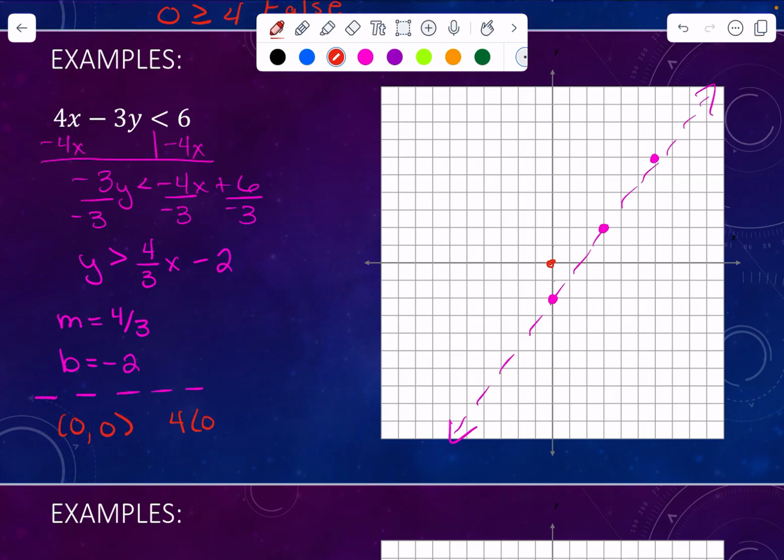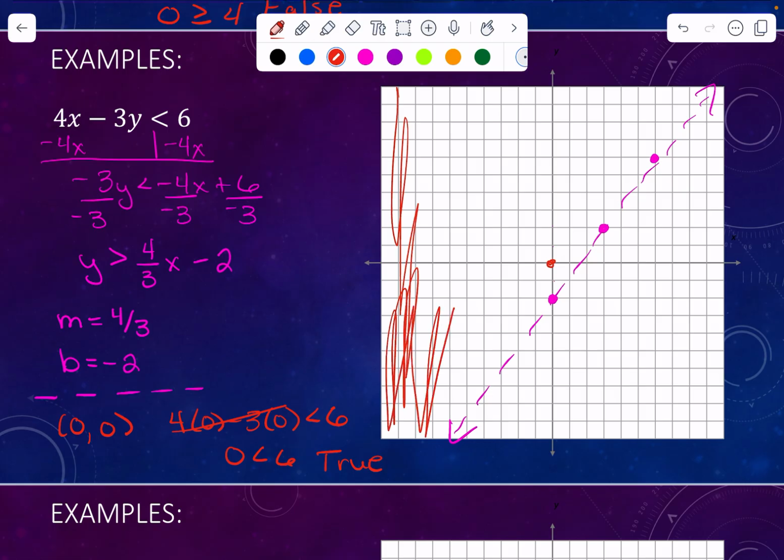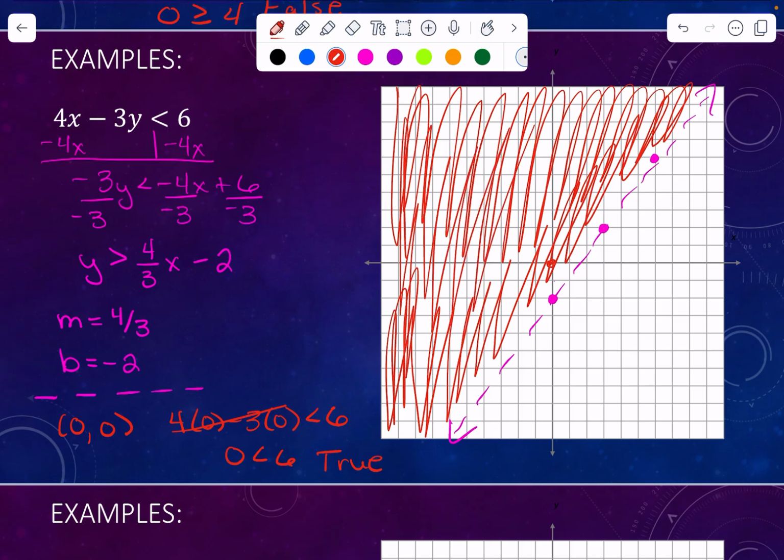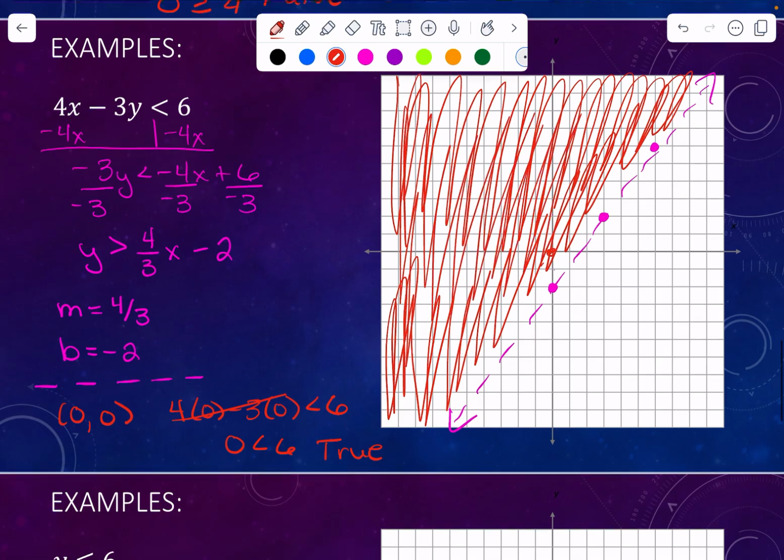And here's the question, is 4 times 0 minus 3 times 0 less than 6? Well, this is all 0, so is 0 less than 6? That is true. So that means we would shade all of this part. Okay, and there is our answer to that.